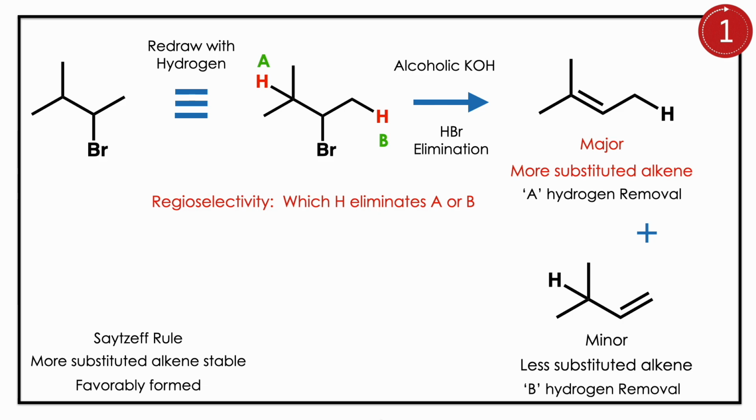By looking at it blindly, you may realize both are possible, but if you look at alkene stability, the most substituted alkene is stable, which is called the Saytzeff rule. So only A elimination gives the major product, and the minor product will be B elimination. The more substituted alkene is more stable because of the heat of hydrogenation. So the major product will be the A hydrogen eliminated product.